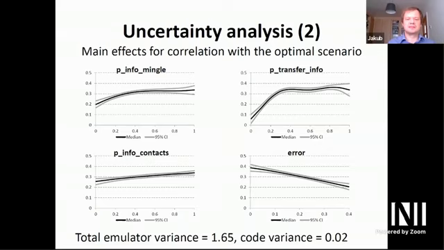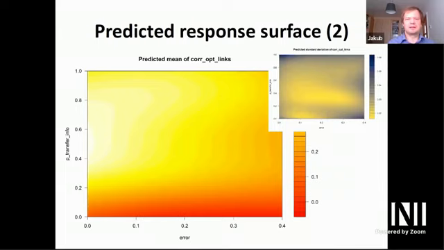Again, a similar message in that information matters. Total variability in the output is due to input uncertainty rather than the variability of the computer code. And again, the mapping of a response surface allowed us to clearly see what's going on in different areas of the parameter space.